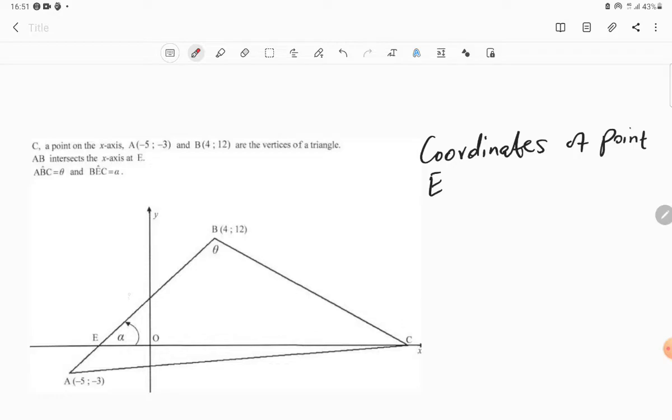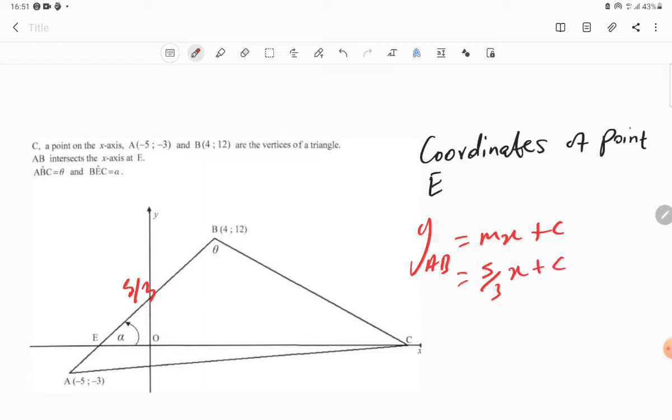Hence the gradient of this line is 5 over 3. Then for the coordinates of the point E, we really need to figure out the equation of this line. So the equation of the line AB is given by y = mx plus c, and the m is 5 over 3 already.